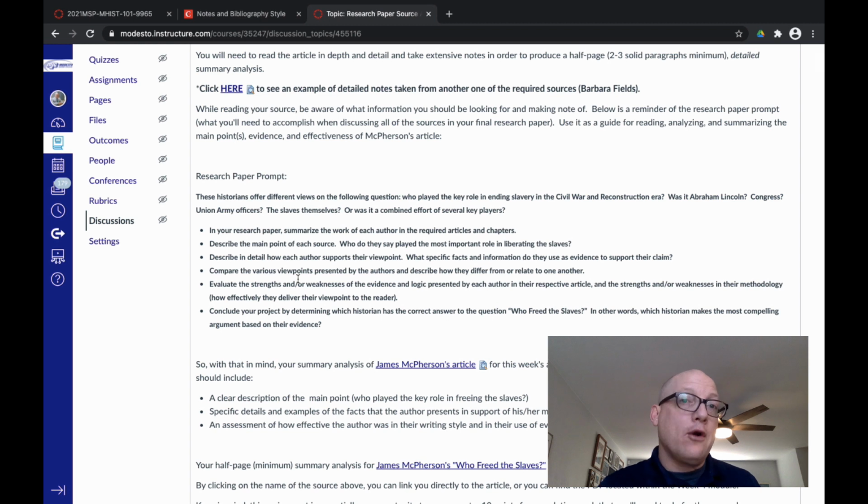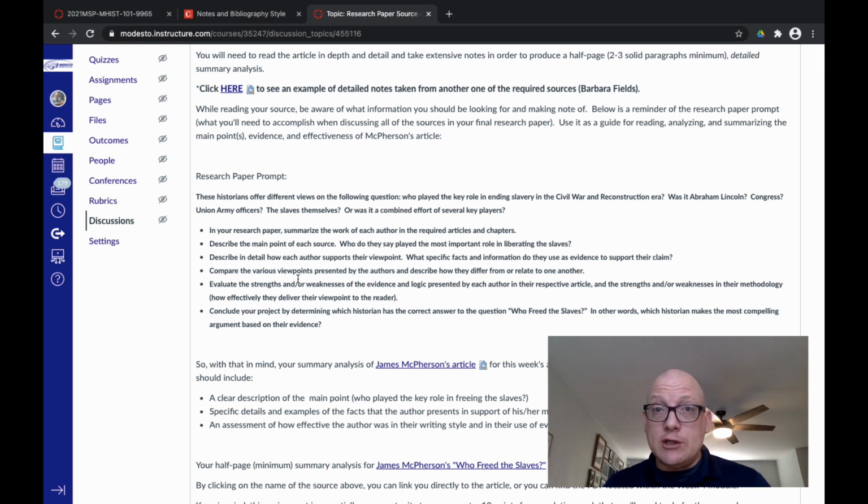What we did here in this assignment was kind of a practice run at step 2 and step 3. Because you had to extract all of this key information, what their main point is, what their evidence is, how effective they are.